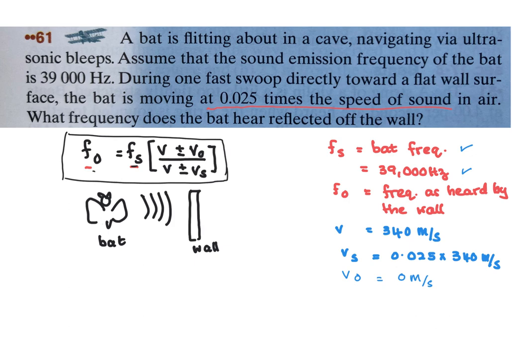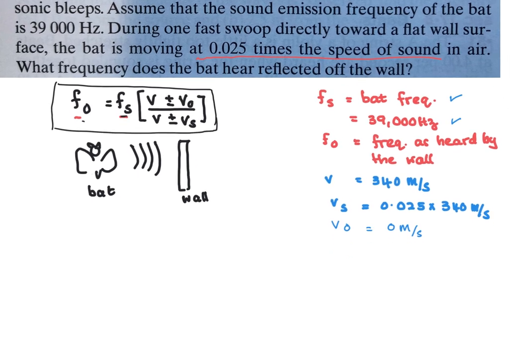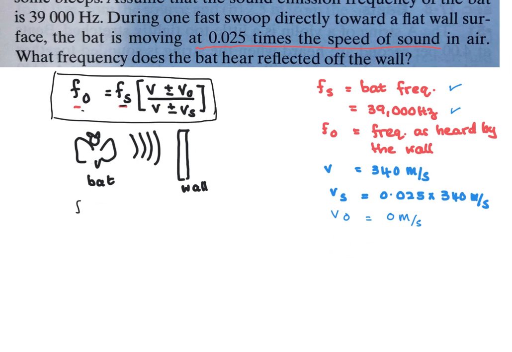So the first thing that you do is take the equation and substitute the known information. We don't know f of observer, so let's start substituting what we know: f of source 39,000, and the speed of sound 340 meters per second.